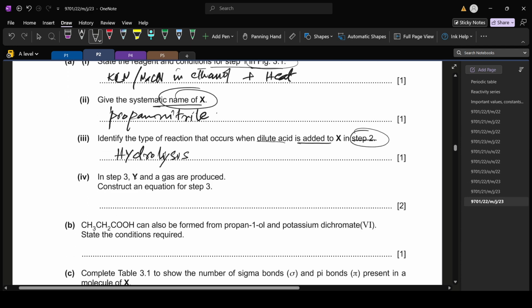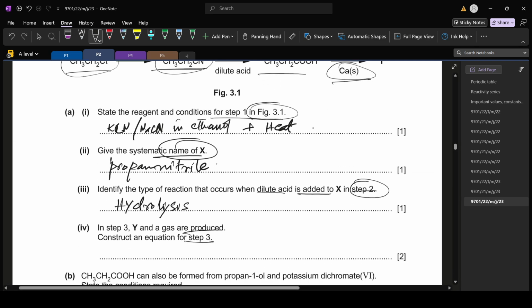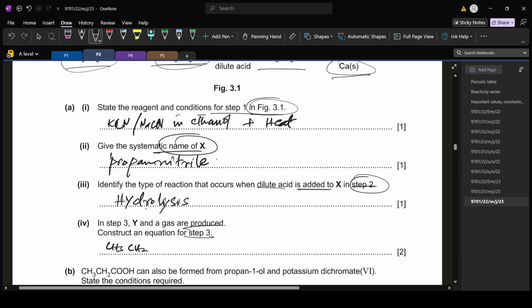Okay. Now in step 3, Y and a gas are produced. Construct an equation. So now you can see that the metal is reacting with acid. When an acid reacts with a metal, hydrogen gas and a salt are formed. So it's going to be CH3CH2COOH plus calcium.